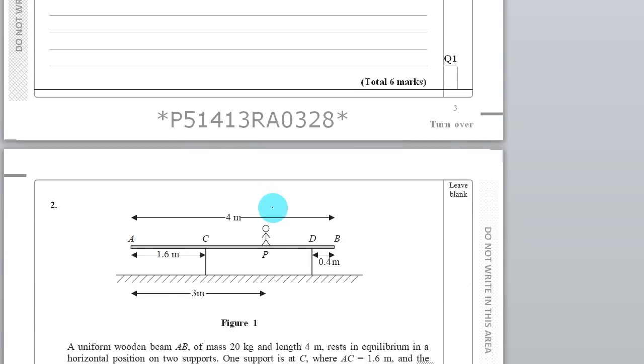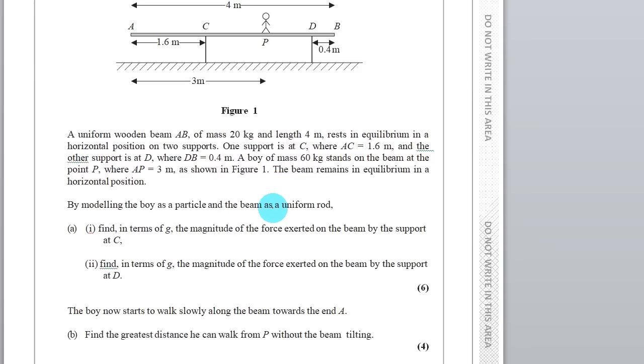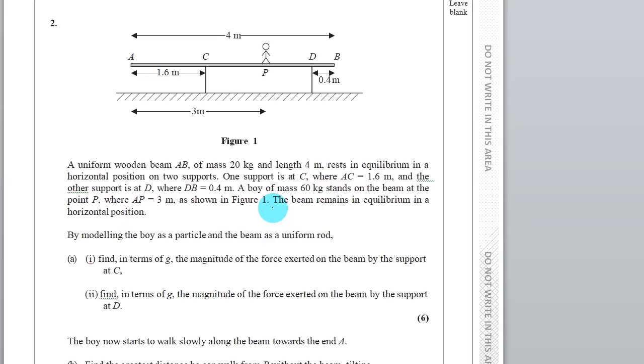Let us go to the other question here. A uniform wooden beam AB has mass 20 kilograms, so this bar has mass 20g, and the distance here is 2 meters and here 2 meters.